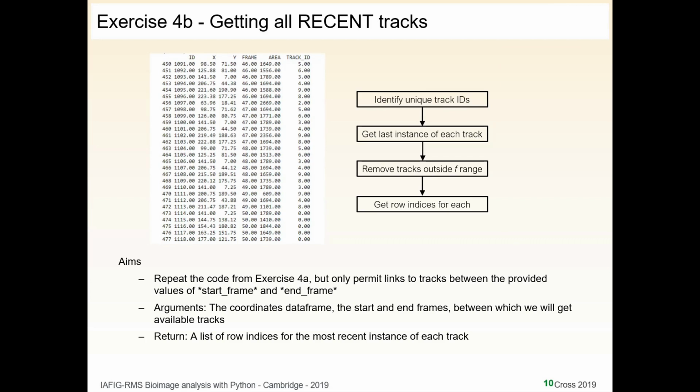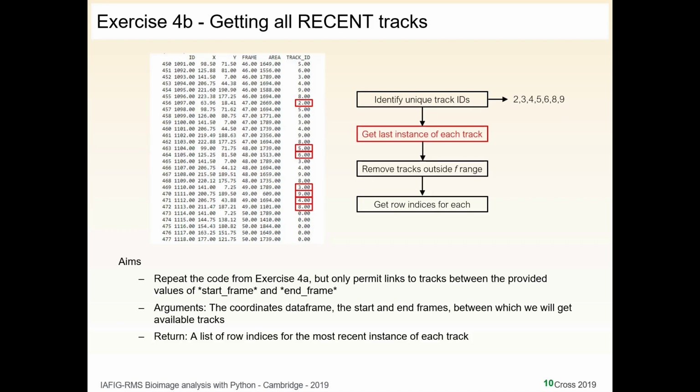So exercise 4b is very similar to the previous one. We're just going to introduce basically a frame filter in terms of the range of frames that we're going to accept as still active tracks. So we start off in exactly the same way, pulling out that list of track IDs, identifying the unique values, getting the most recent instance of each of those IDs.